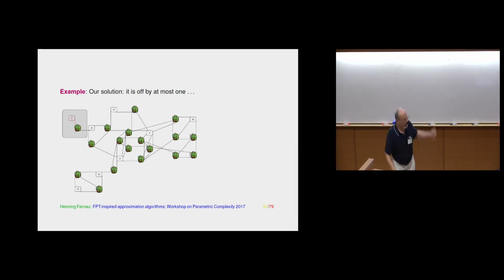So the algorithm itself knows I may not have the best solution here, but it's just off by 1. I can just count this. And therefore I can also compute my personal approximation ratio. It doesn't say that this is not the optimum solution. I cannot rule this out, at least not in poly time.